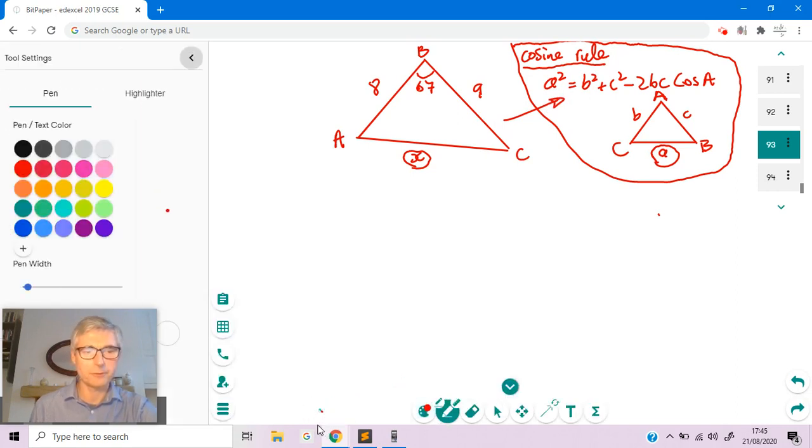I'm just going to change the colour of the pen so we can see clearly what I'm talking about.